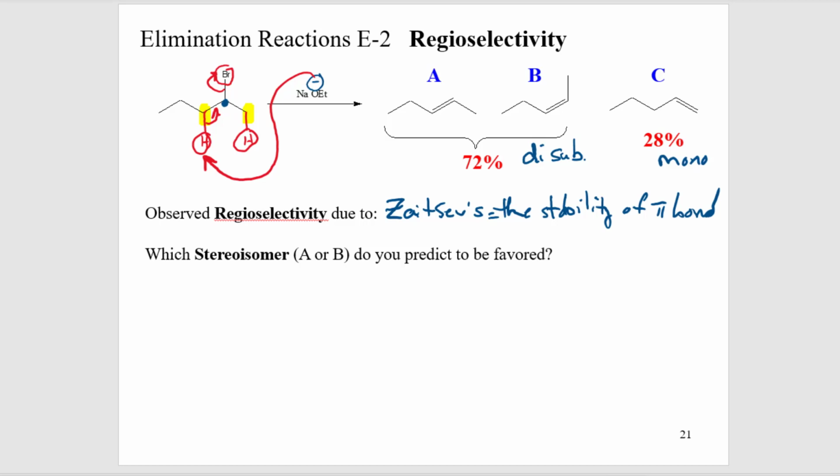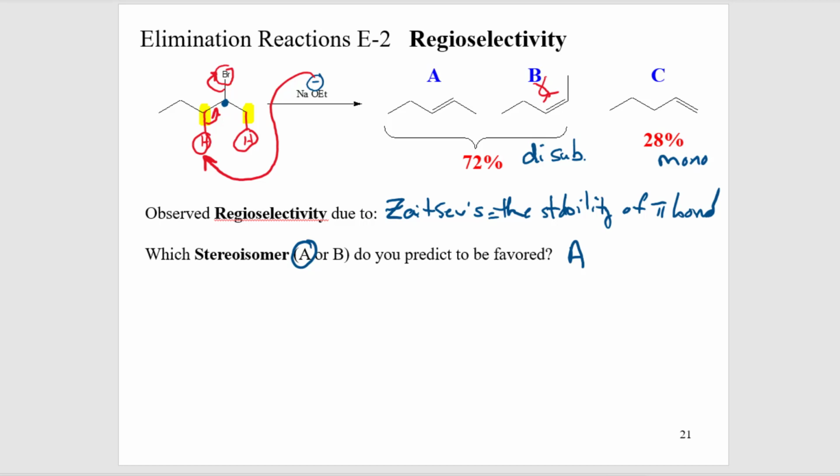Which isomer am I going to get? Among the 72% A plus B mixture, which one do you think is the major isomer? If you said A, A is favored. The reason being is that B is the cis conformer, or I should say stereoisomer, and A and B are diastereomers.